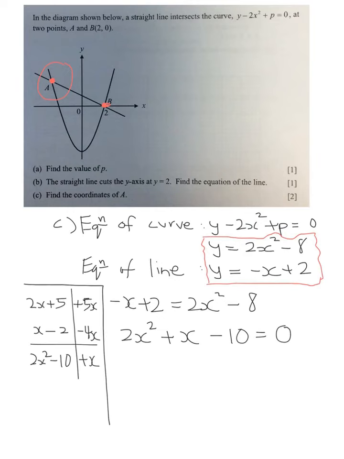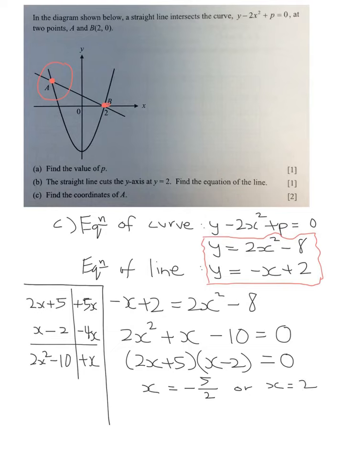We actually use the cross multiplication, also known as the cross product, when you're talking about a quadratic equation, to solve for the values of x. So the equation becomes 2x plus 5 multiplied by x minus 2 equals 0. And when you solve for x, x will be equal to minus 5 over 2, or x equals 2.